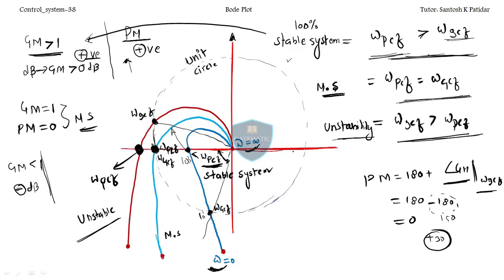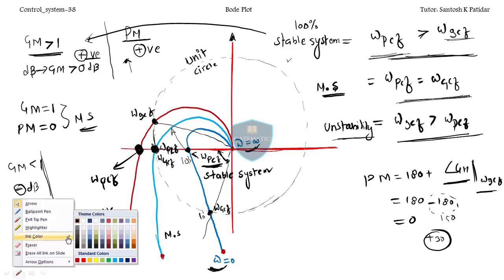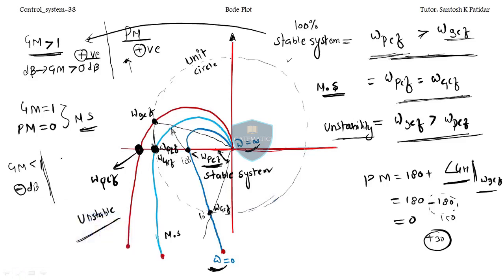So minus 180 from this axis you are calculating. From this axis your angle is greater than 180 degrees. So this is 180 degrees minus 225, suppose. So we'll get minus 45 degrees. Your phase margin is also negative. So if phase margin and gain margin both are negative, your system will be an unstable system.